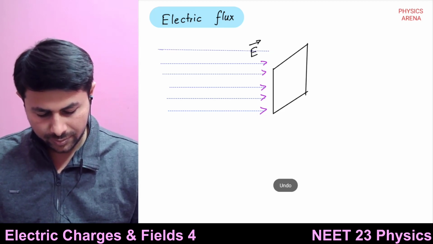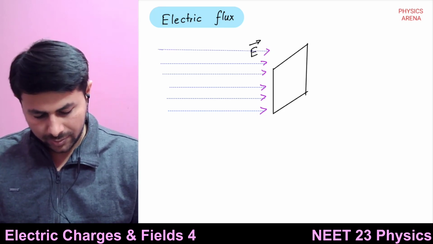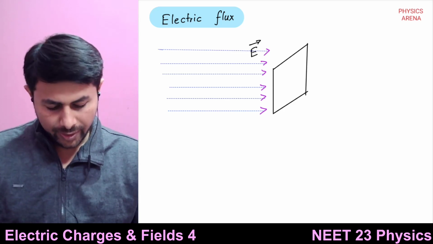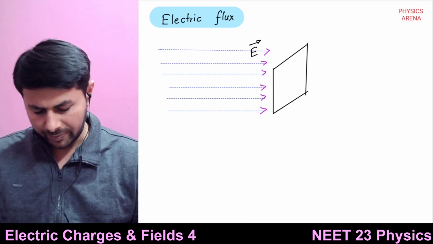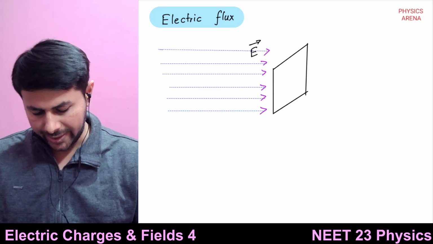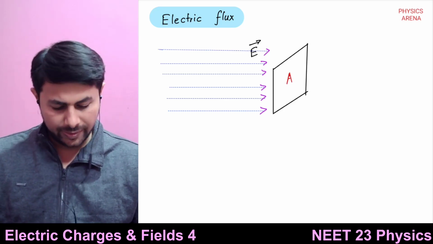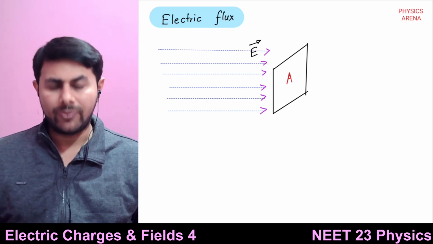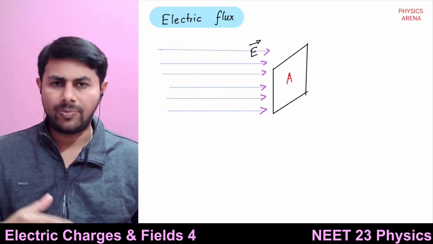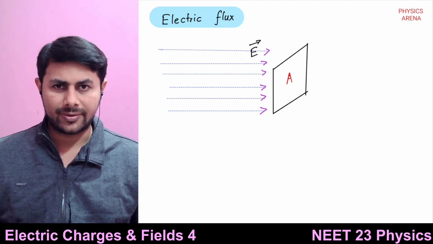So the surface has some area. Let's call it A. A is the area of the surface. So the number of electric field lines that pass through this surface is known as the electric flux.